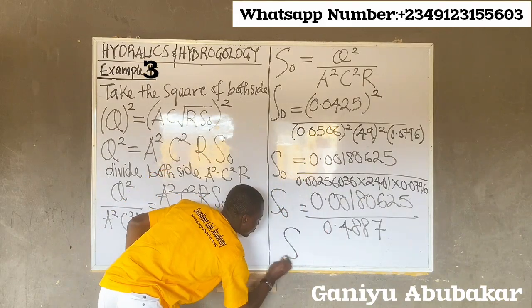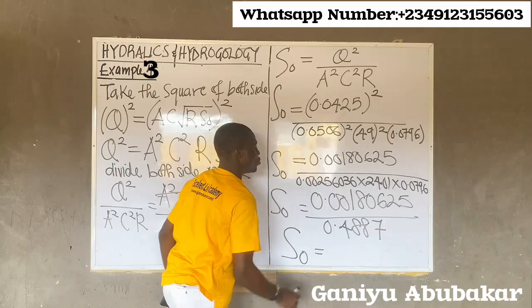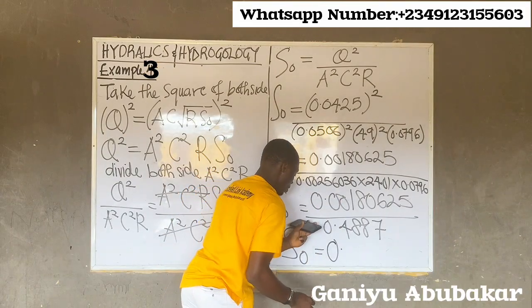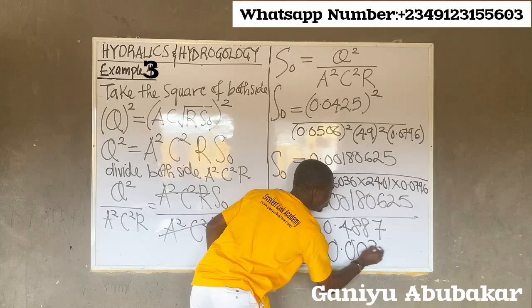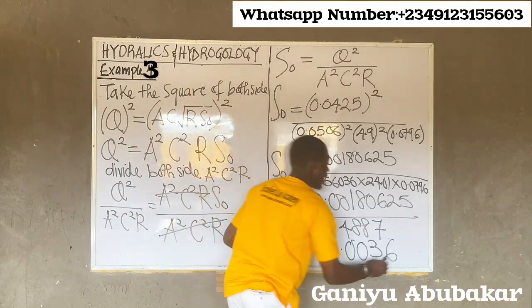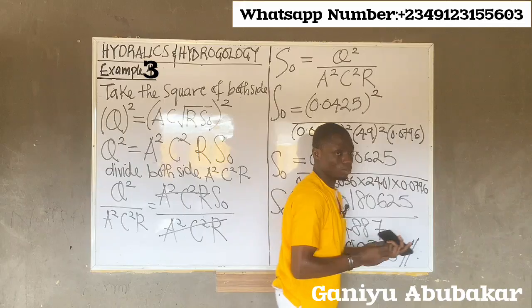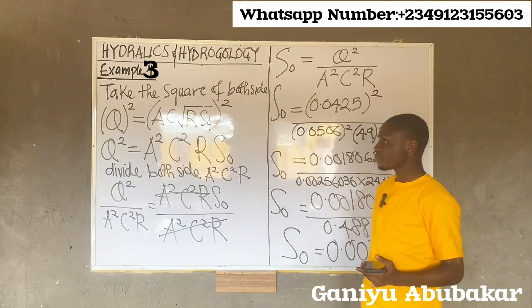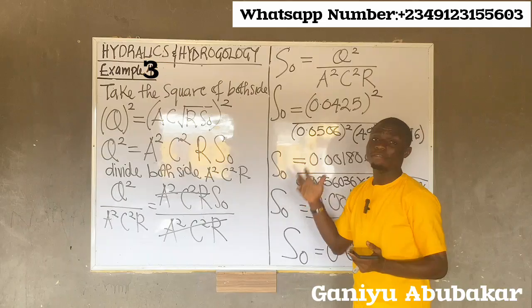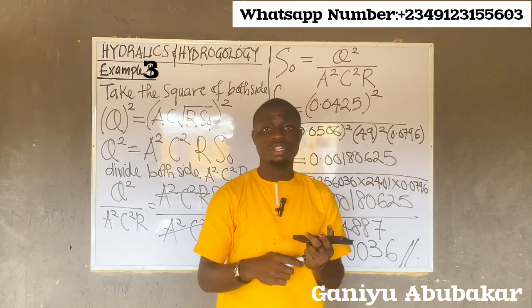So S naught in essence will be equal to, divide this by this, about 0.0036. Please, S naught has no unit. So this is my answer for S naught, and so I've solved this particular question for a V shape of this nature.